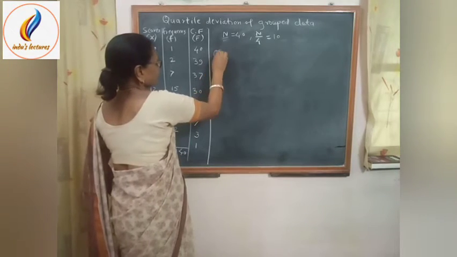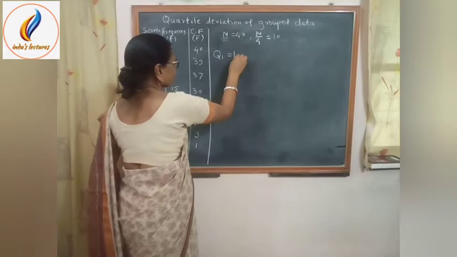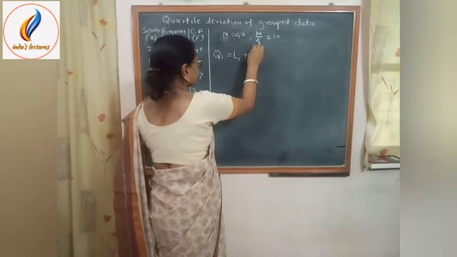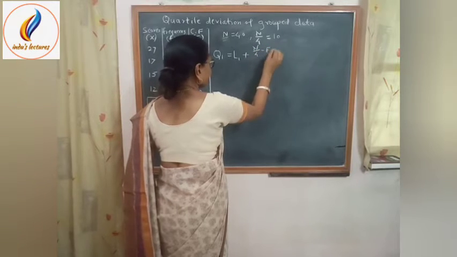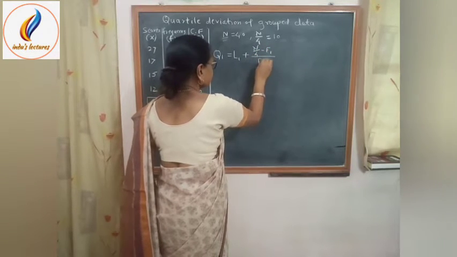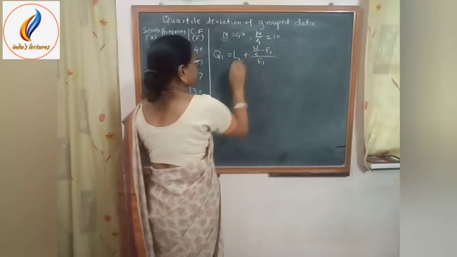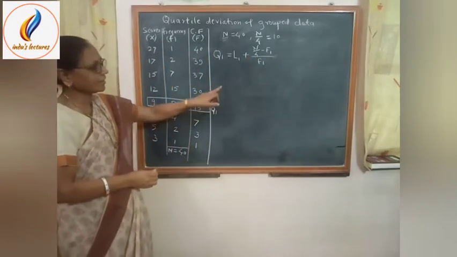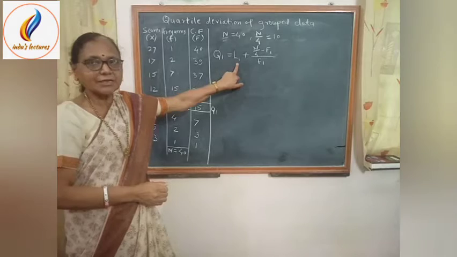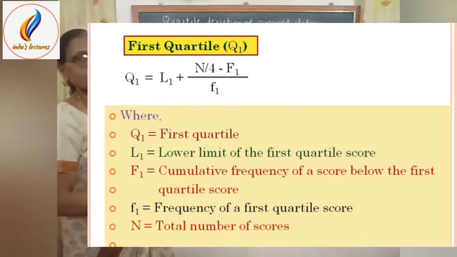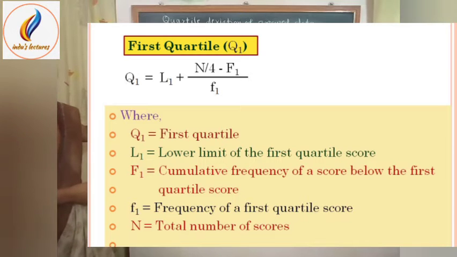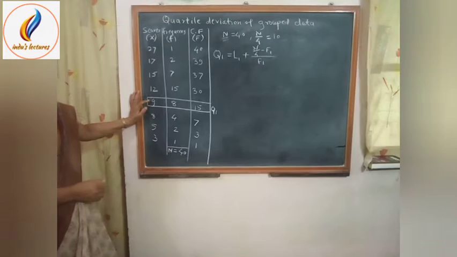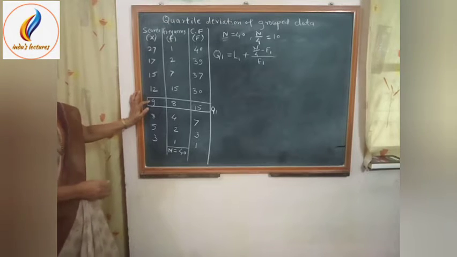Now firstly we calculate the value of the first quartile. We have to use the formula Q1 is equal to L1 plus (N by 4 minus capital F1) divided by small f1, where L1 is the lower limit of the Q1 score. Here the Q1 score is 9, so its lower limit is 8.5.